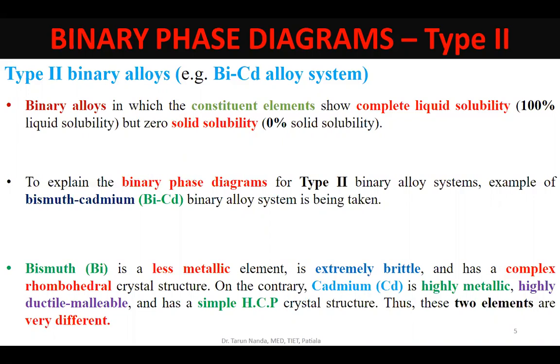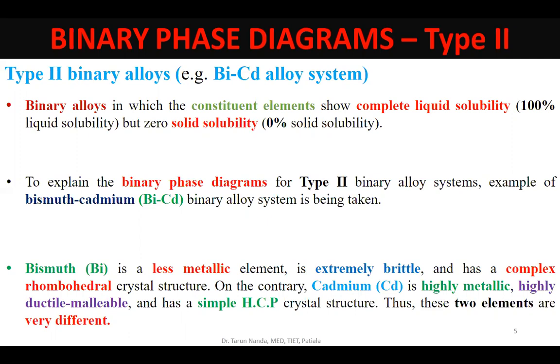So these two elements have affinity between them, which is not a good thing for the formation of solid solution. But the affinity is not that great that they can form a conventional compound, because if the affinity had been great, conditions would have been conducive for the formation of bonding. They would have formed a covalent bond or an ionic bond. So they are landing in no man's land. They are not able to form a conventional compound. They are not even able to form a good solid solution.